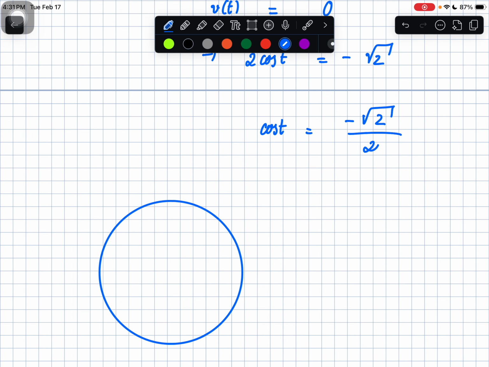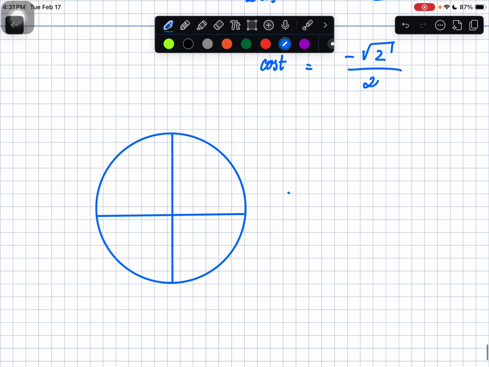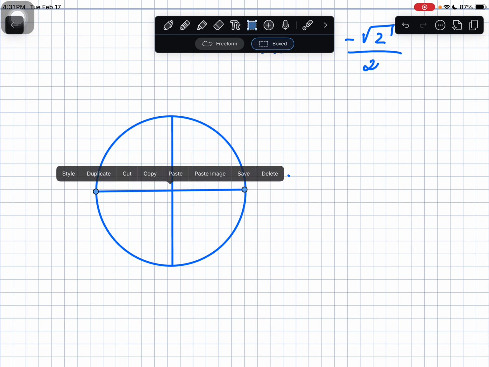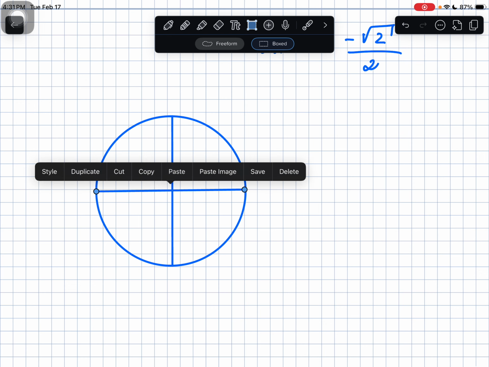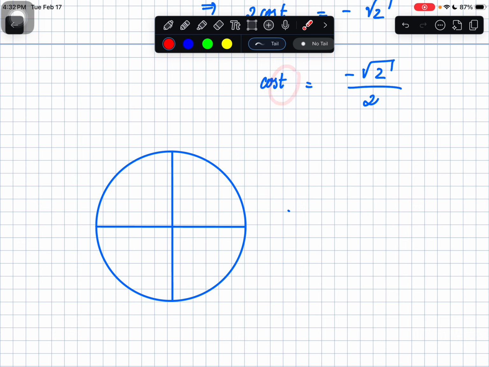So here's a unit circle. And then you look at t so that cosine t is minus root 2 over 2. There are a few angles you should remember.